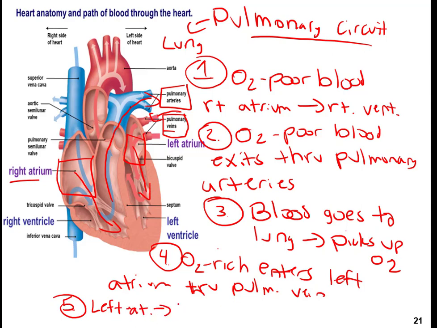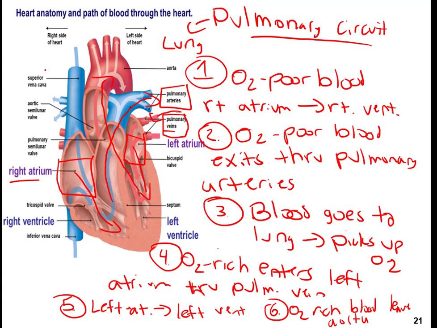And then finally, step 6, that oxygen-rich blood can leave the left ventricle through the aorta. So O2-rich blood leaves the aorta. And the process goes back to the systemic circuit and we start all over again.